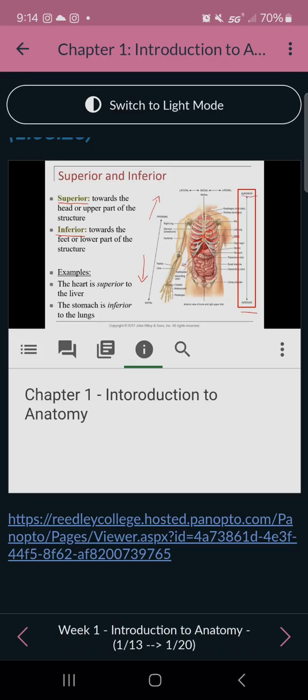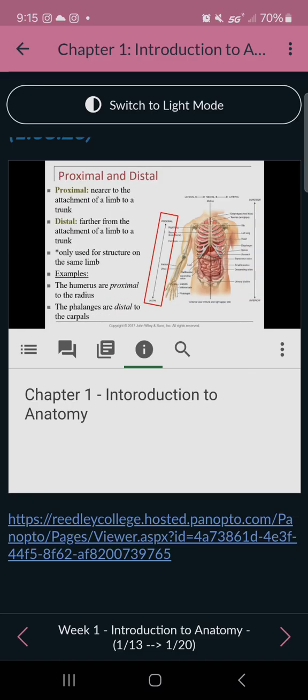Another example is the stomach. Here we have the stomach, and here we have the left and the right lungs. As you can see, the stomach is going to be inferior to the lungs, because the lungs are here and the stomach is down here.